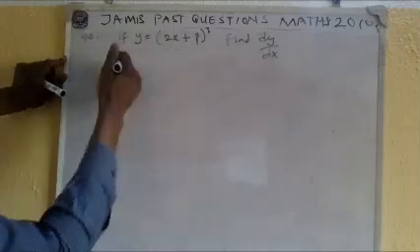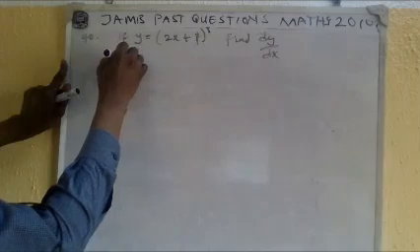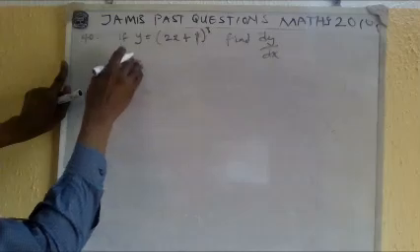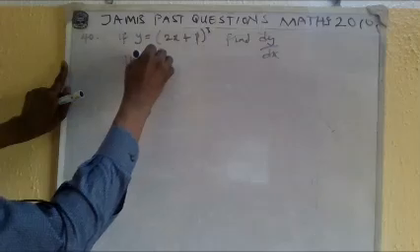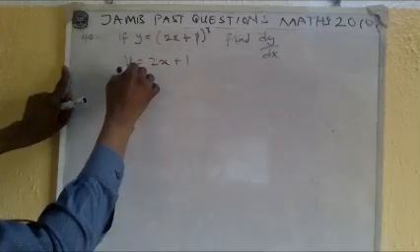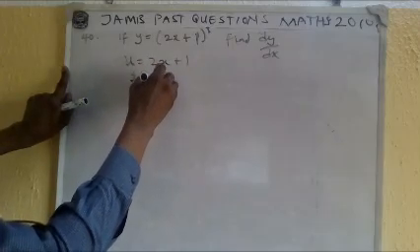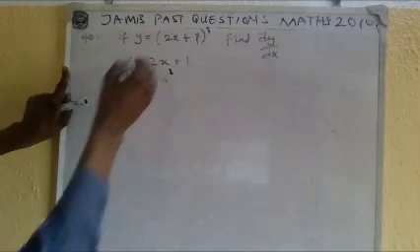The first one is the linear function. Let me use u. u is the inner one. u is equal to 2x+1. Then y is equal to u cubed.